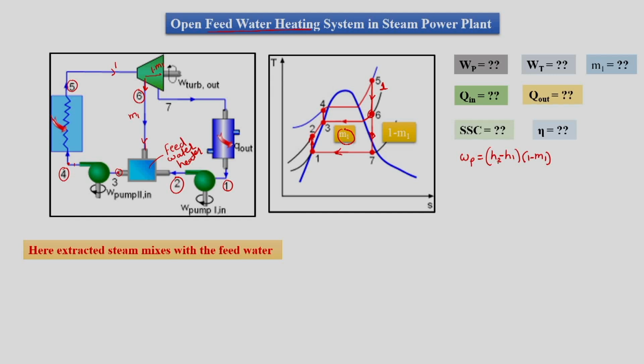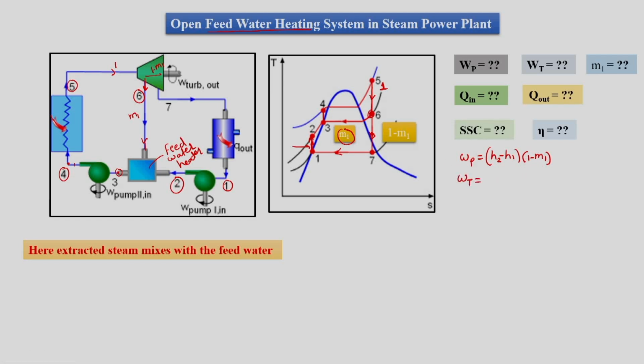Our turbine work output is also in kilojoule per kg. So for that we have to multiply by kg. We do not have unit mass flow rate through this condenser pump, so we have to multiply by the mass, which is 1 minus m1. Then we can get Wp.